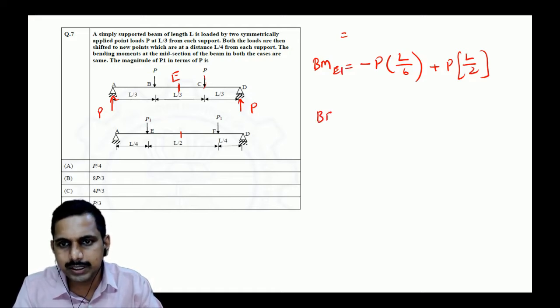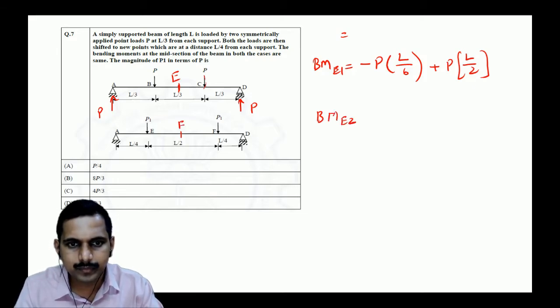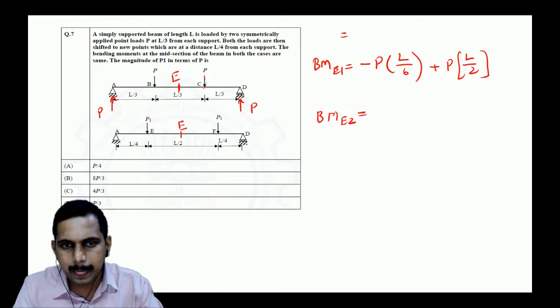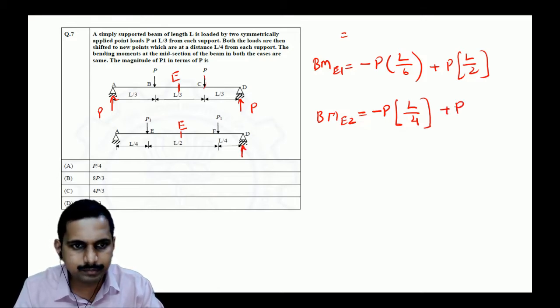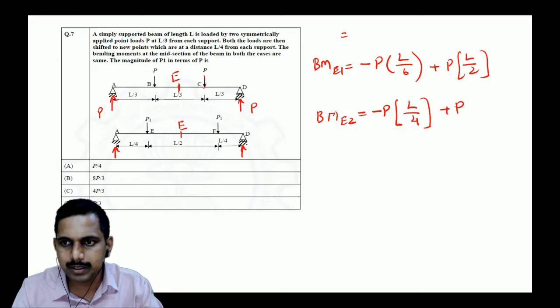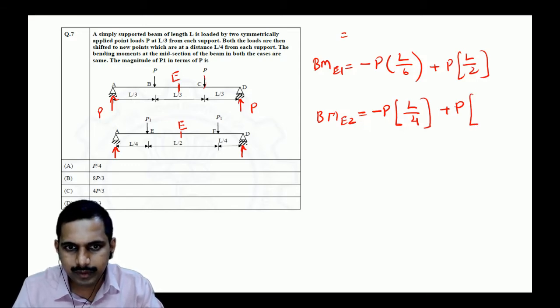Sorry, bending moment at E for the second one. For the second one, it would be minus P into, here it is L by 4, correct? And then plus P, because it is the same thing, P into L by 2.